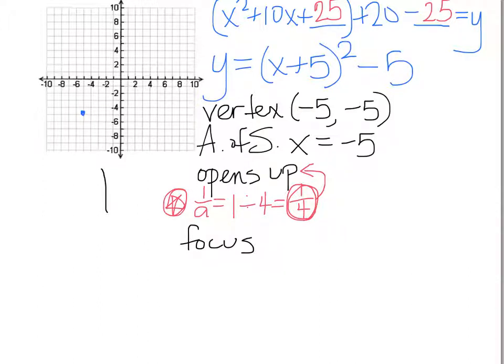I don't know if I can even get that on the graph here. 1/4 upward for the focus. A little more than 1/4, but you get the gist. Upward from the vertex puts the focus still x-coordinate -5, but up 1/4 from -5 on the y gives us a coordinate of -4 3/4.